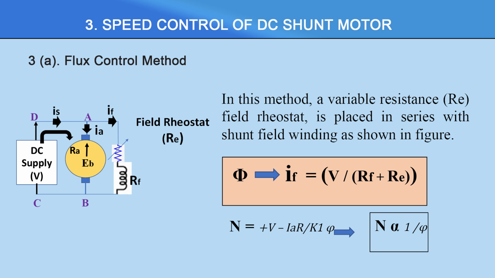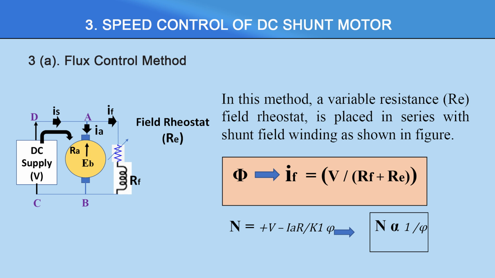So, in order to vary this current IF, we have connected this variable resistance in this circuit diagram. In this method, a variable resistance RE, the field rheostat, is placed in series with the shunt field winding as shown in the figure, and the flux depends on the field current IF, and the IF value will be equal to V upon RF plus RE.